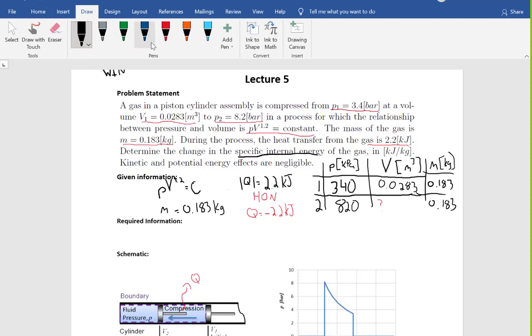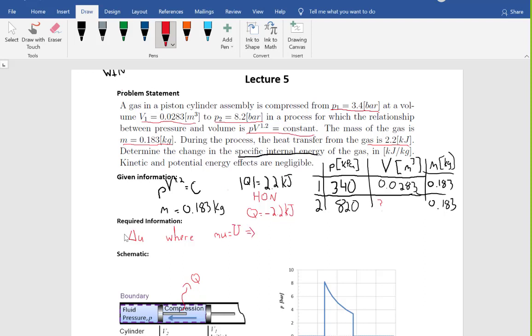So what we want to find here is delta little u. Specific internal energy, where I know that mass times little u is internal energy, right?